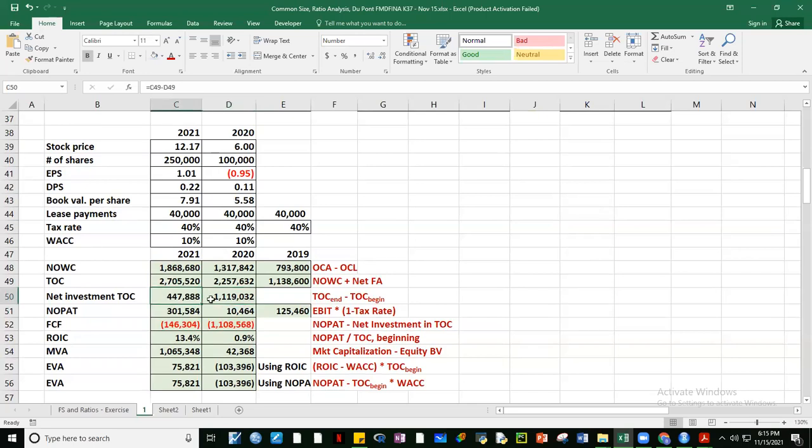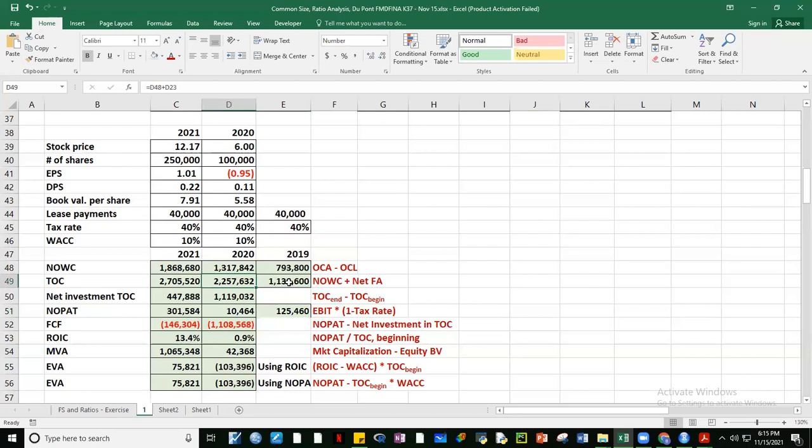In 2021, it was lower, only 448,000. Nevertheless, despite the increase in total operating capital in 2020, the NOPAT was still low at 10,464. It was even higher in 2019.